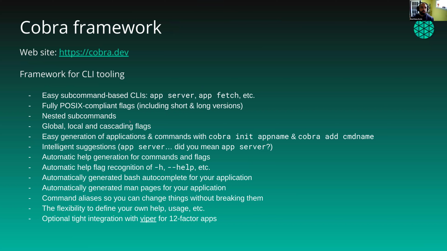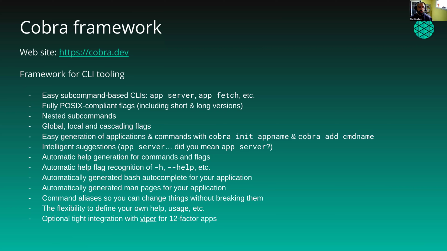So just to give more details, we use the Cobra framework to develop the commands inside Meshery CTL. This is the official documentation page of the Cobra framework. Why this framework?